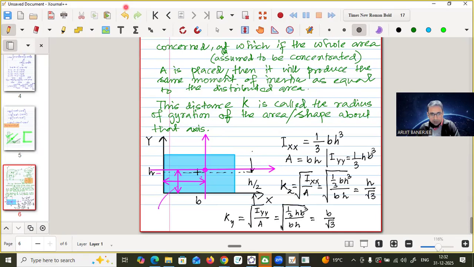So you can easily determine the radius of gyration for any shape. For the centroidal axis also you can determine it simply; instead of 1 by 3 it will be 1 by 12. So from the centroid you can determine how much it is.